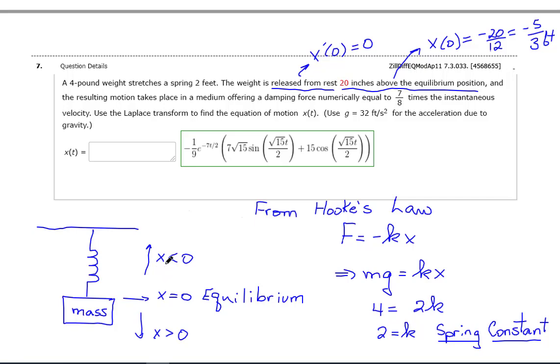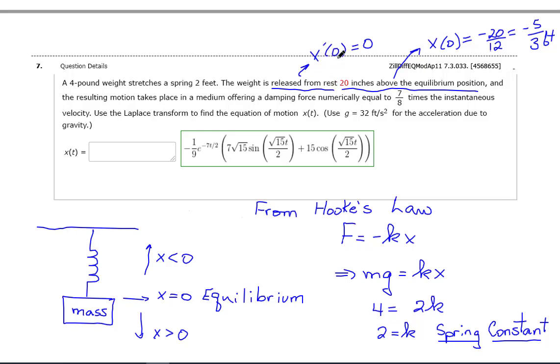So there are lots of things going on in this problem. First off, the weight is released from rest 20 inches above the equilibrium position. Now there's a lot hiding in those words. Released from rest, meaning I'm not bumping it or giving it any initial velocity.